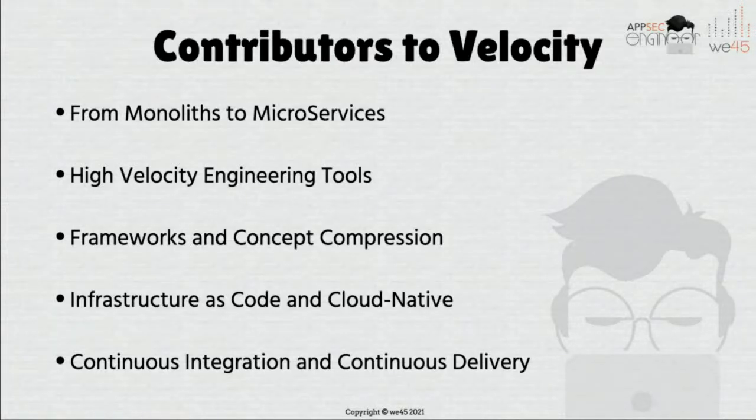And this is something that we've obviously been seeing a lot in our industry as well, right? So we're constantly seeing people moving away from a monolith application towards something like a containerized application, or even to something like Kubernetes clusters, or even serverless for that matter. And at the same time, there are also going to be things like high velocity engineering tools, frameworks, and concept compression. Infrastructure and cloud native environments are definitely playing a huge role, right?